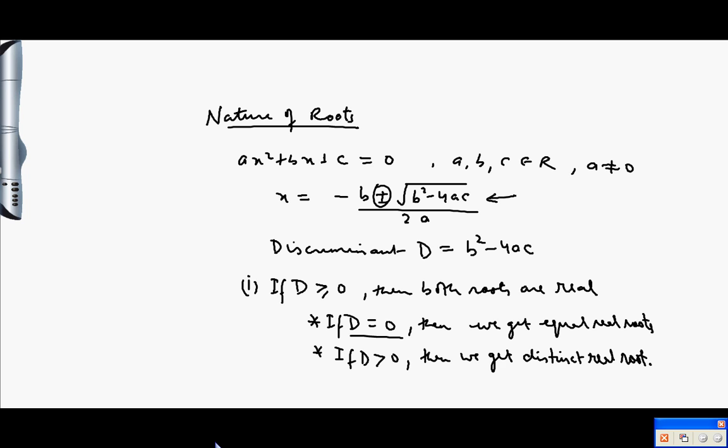When the number is non-zero, under root b square minus 4ac having D greater than 0, then the roots will be calculated with plus minus sign and they will have two different results.